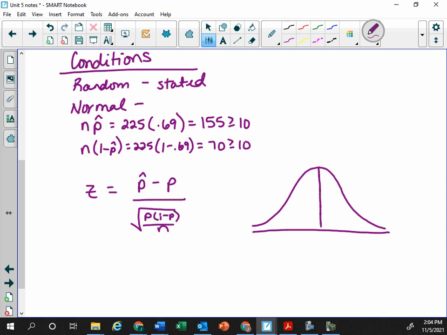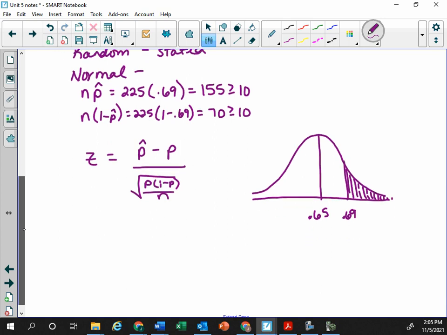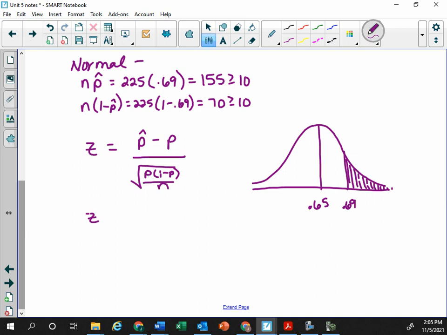It's centered at 0.65. We want to know how likely is it to get a sample of 0.69 or more extreme. So we got a z of 1.22 and a p-value of 0.11.